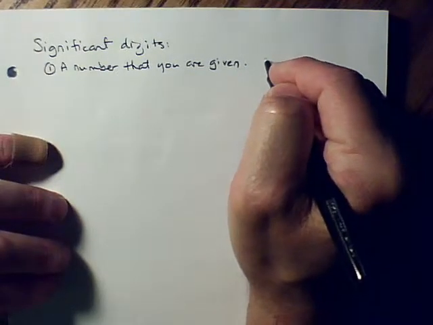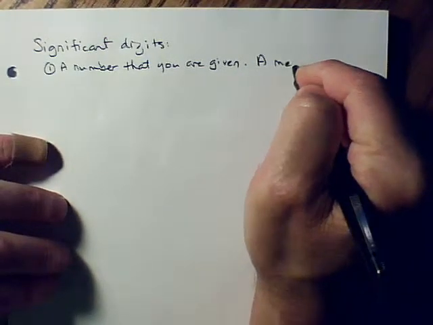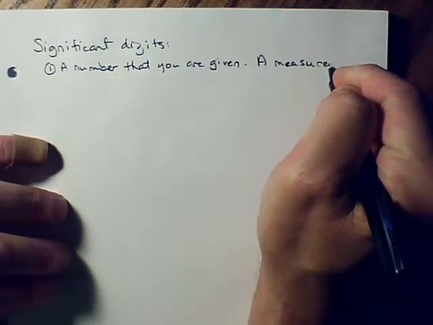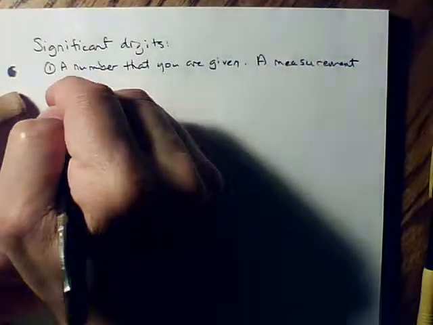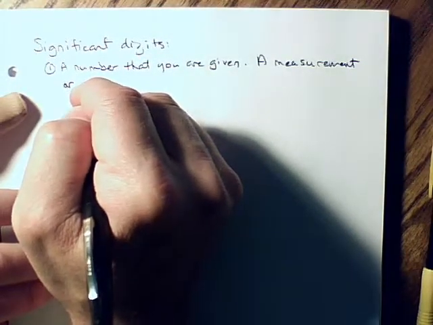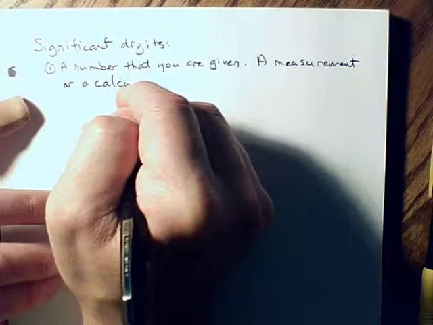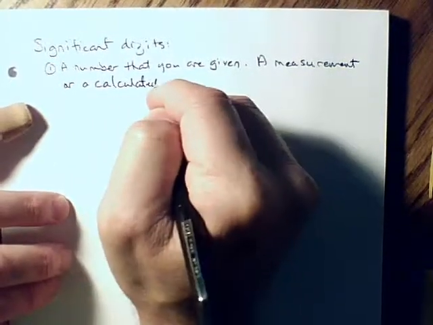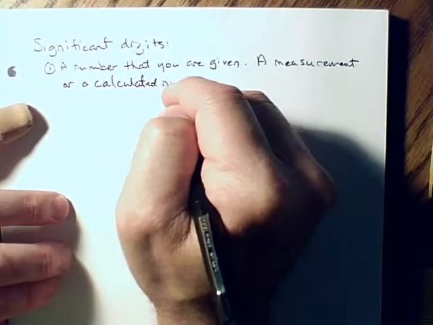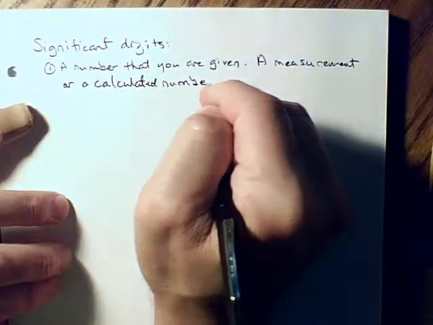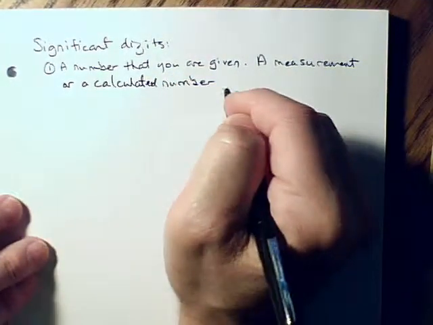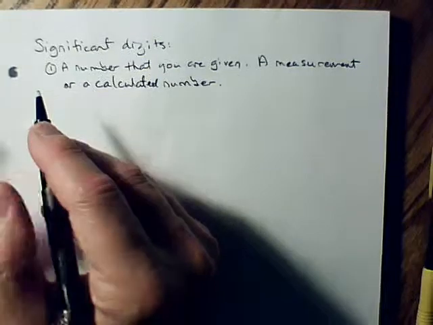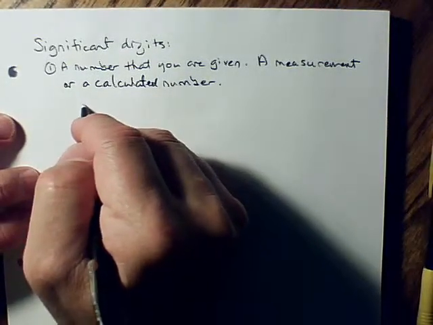Now this is a measurement or a calculated number. Okay? So let's say you're given a number like this.